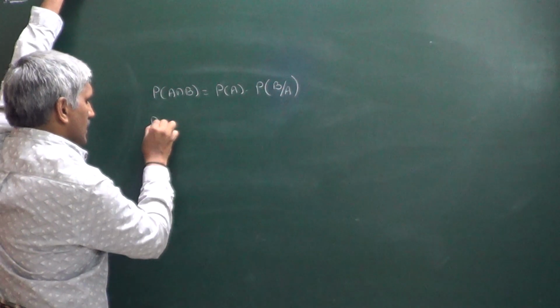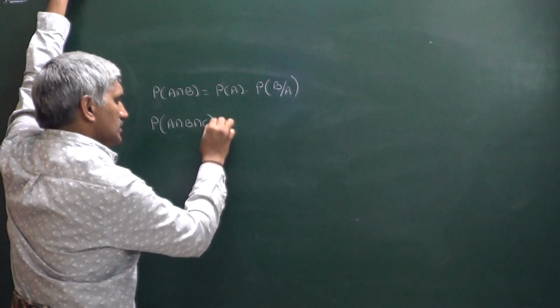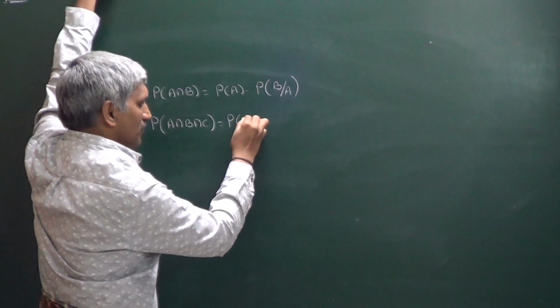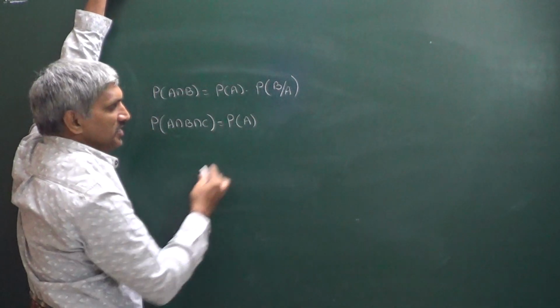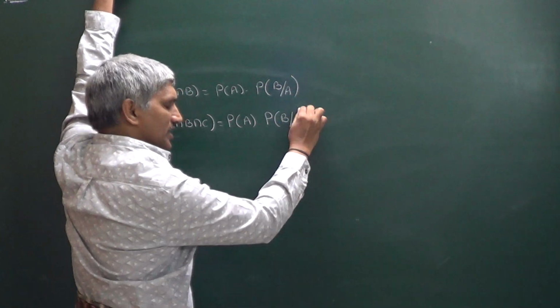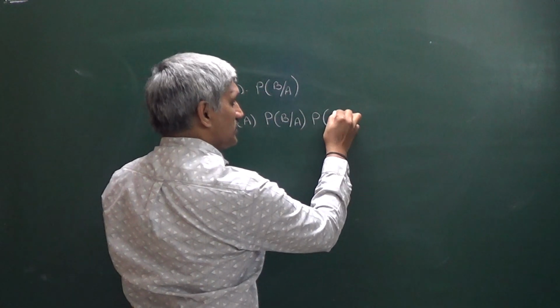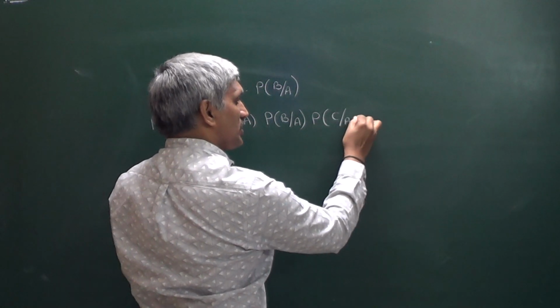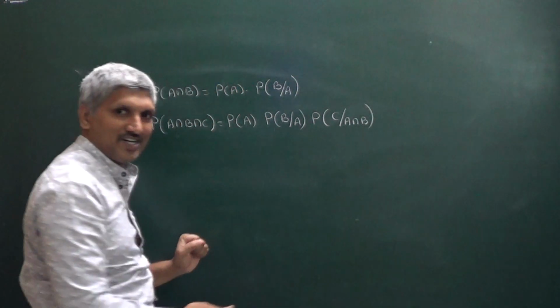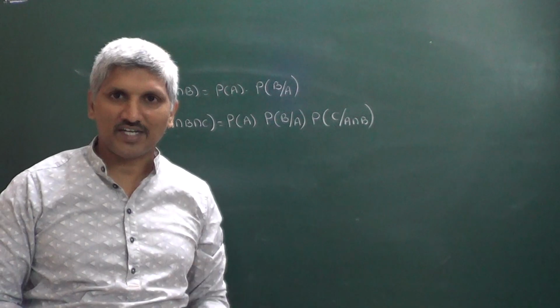We can write P of A intersection B intersection C is equal to P of A into P of B under the condition that A has already occurred into P of C under the condition that A and B have already occurred. So that is the multiplication theorem for three events.